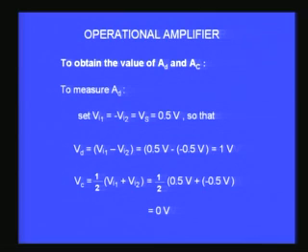Okay. Now, what I want to do is, how do we get in principle the AD and the AC? To measure AD, I can set VI1 equal to minus VI2, equal to 0.5 volts. So, I keep VI1 equal to VI2 except for the opposite polarity.